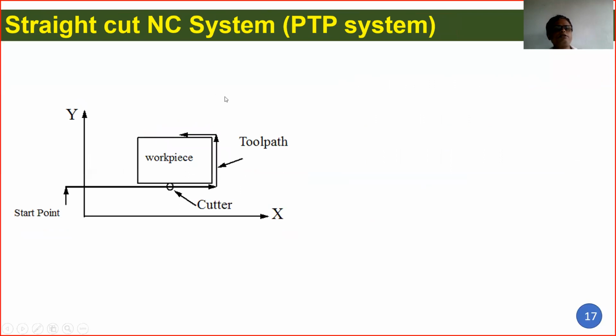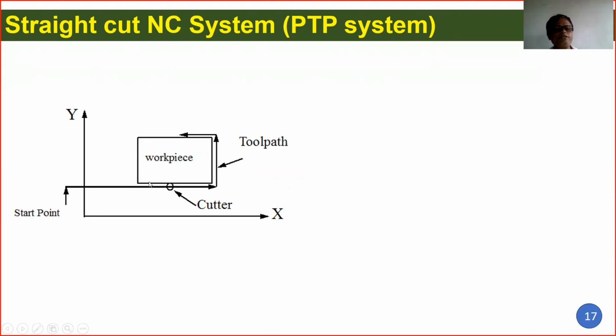Now, there is another control system that is called straight cut NC system. It also includes the PTP system. You can see in the diagram, this is the start point and the tool is moving parallel to X axis, and then it can also move parallel to Y axis like this.